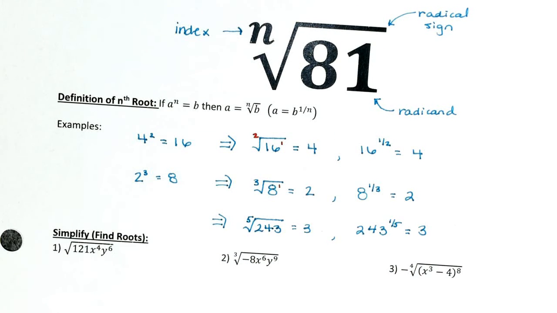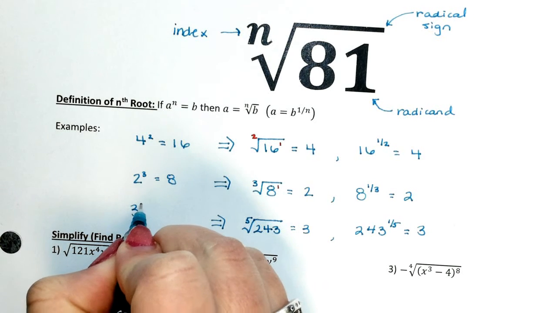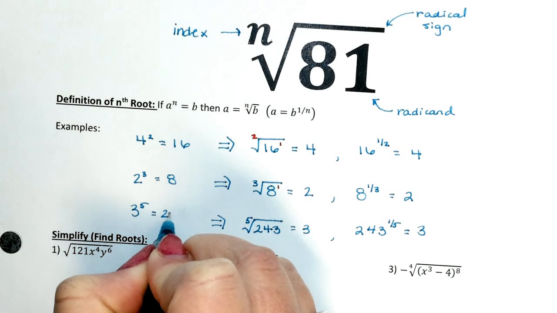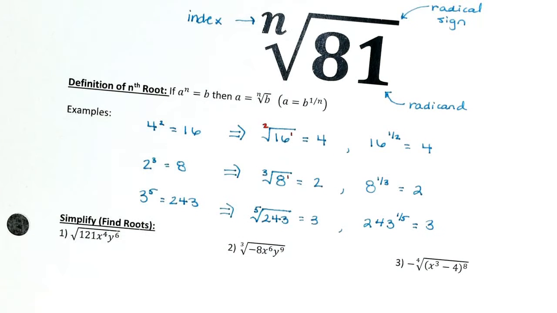Okay. This comes from the fact that 3 to the power of 5 is equal to 243. So I just wanted to go through what these symbols will look like and how to evaluate them and make sure we know how to type them into a calculator.